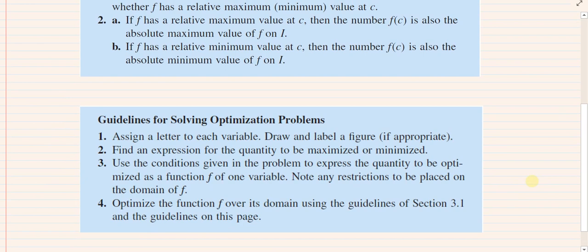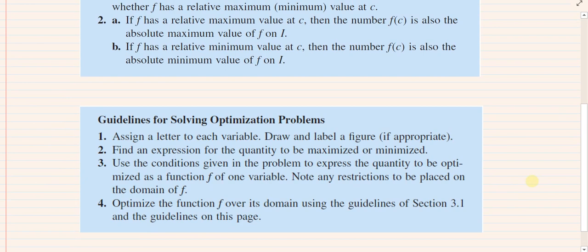And number two is actually the challenging part of this process: finding a mathematical expression for the quantity to be maximized or minimized. That's the key. That's the equation, actually the function, that we want to optimize. And usually we get that by looking at the inner relationship between the variables in the word problem or application.